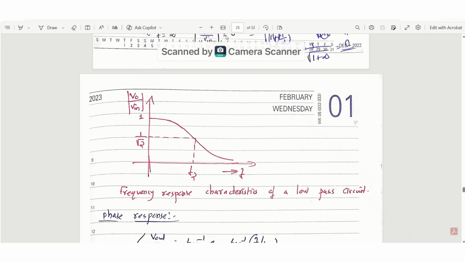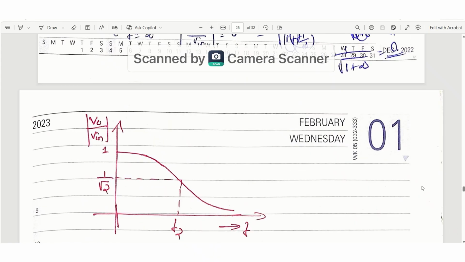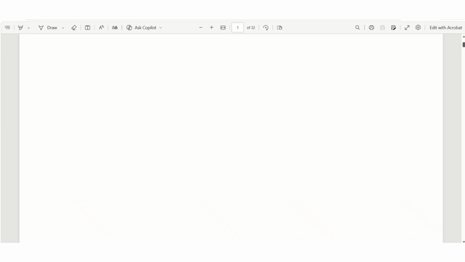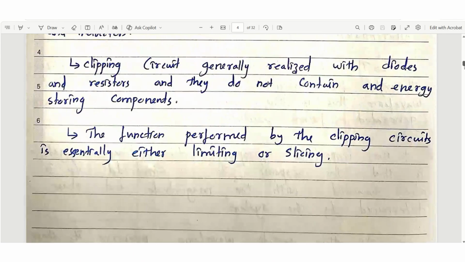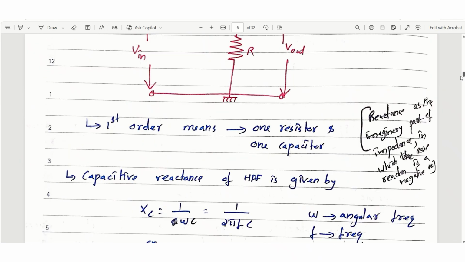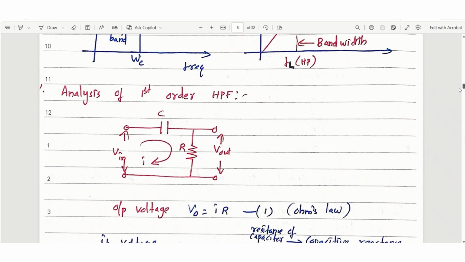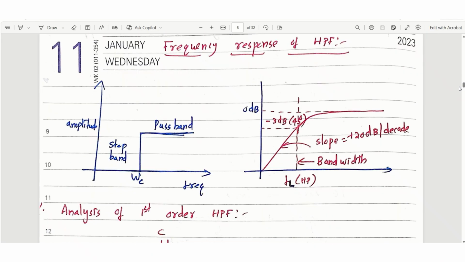In normal scenario, we normally plot the frequency response plot in logarithmic scale. So we are using log f along x-axis and gain in dB along y-axis. This is the frequency response drawn in logarithmic scale.